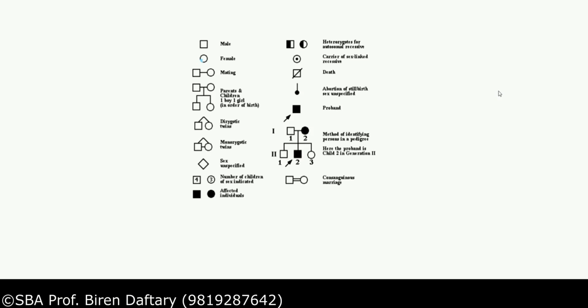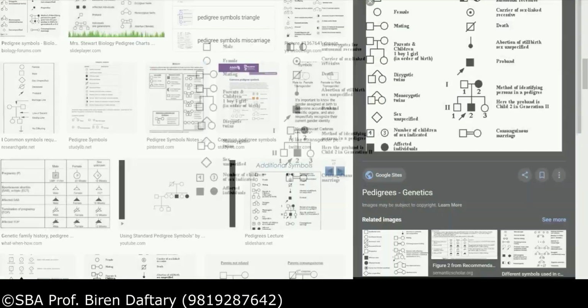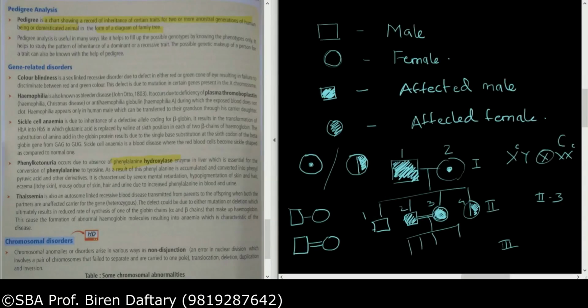Okay, you will be solving the MCQs. So we have basically completed this entire chapter of principles of inheritance and variation. The parts which I have not gone into detail have already been taught, so you can have a look at the lectures which have been uploaded. And in this pedigree part, when you study the questions, you will have doubts, and we will discuss them.